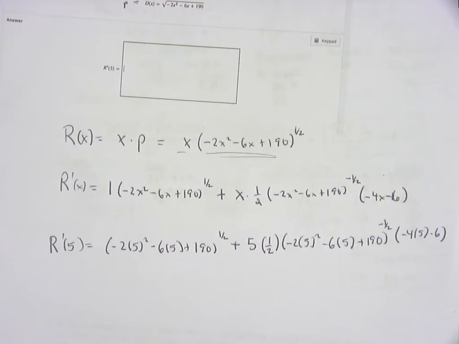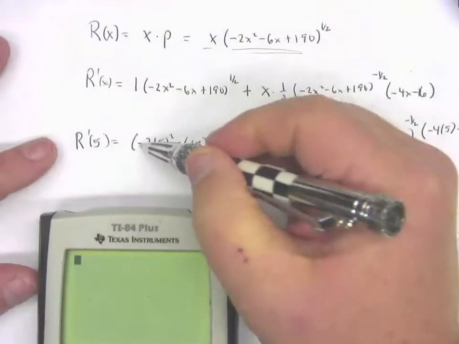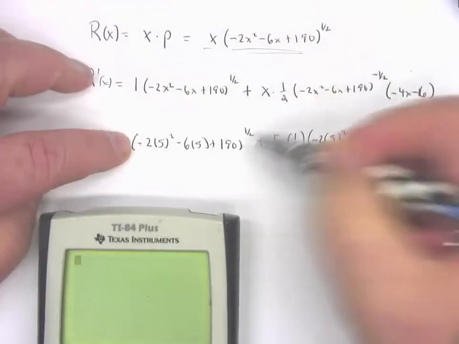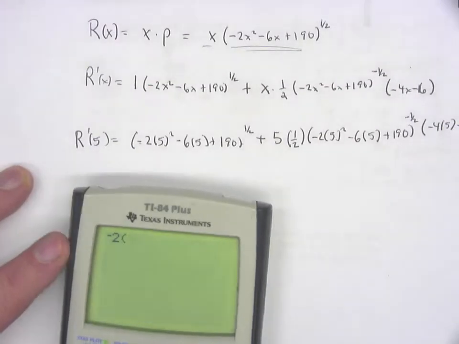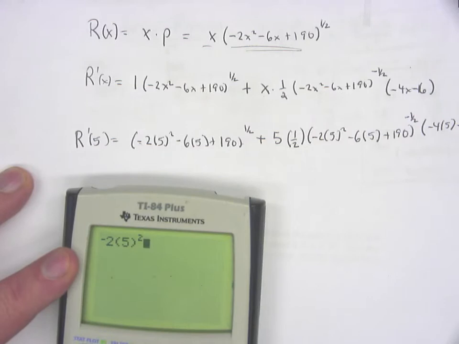Now you'll notice on this particular problem, just to save you some pain and headache here, I'm going to go ahead and crunch inside these parentheses first. So I'm going to do this in parts here. So this is negative 2 times 5 squared minus 6 times 5 plus 190. And I get 110, right?